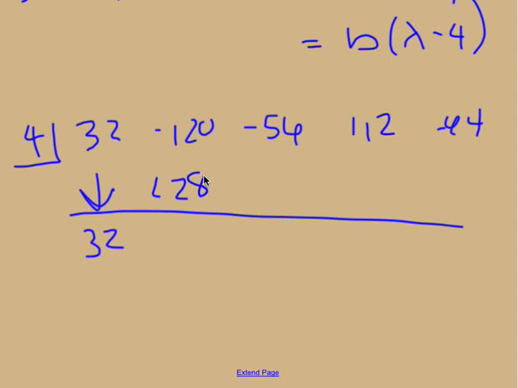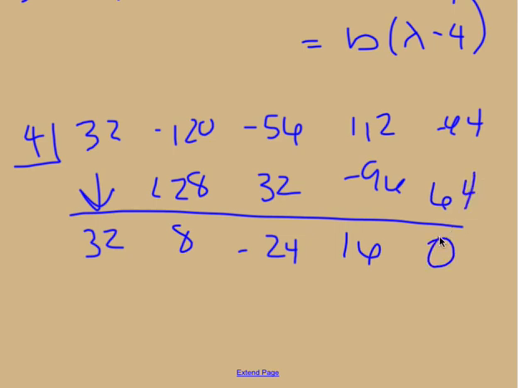Negative 120 plus 128 is going to give me 8. 8 times 4 is 32. 32 plus negative 56 is negative 24. Negative 24 times 4 is a negative 96. 112 minus 96 is 16, and 16 times 4 is going to give me a positive 64, so there I get a remainder of 0.